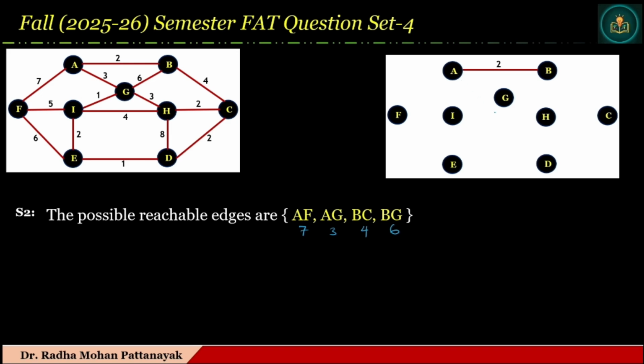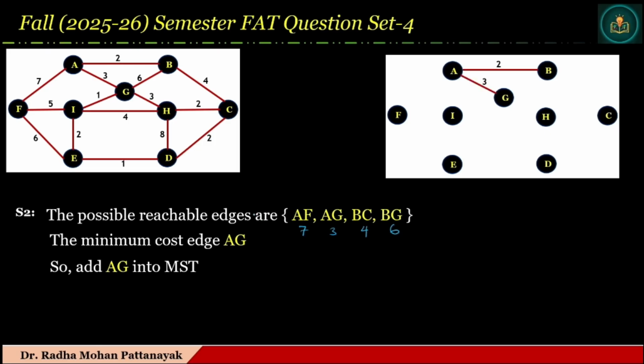This is the AG edge. But remember, when we add an edge, you must ensure that after adding it into the minimum cost spanning tree, it should not create any closed path or cycle. Clear? If it creates a closed path or cycle, we should discard it. So now we will add AG into the minimum spanning tree.